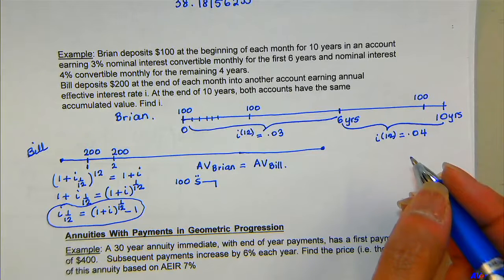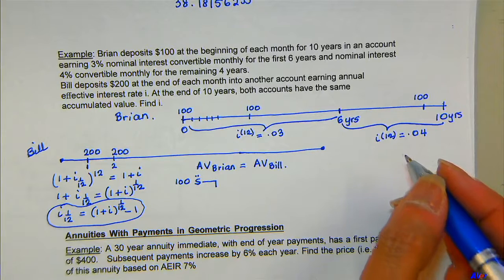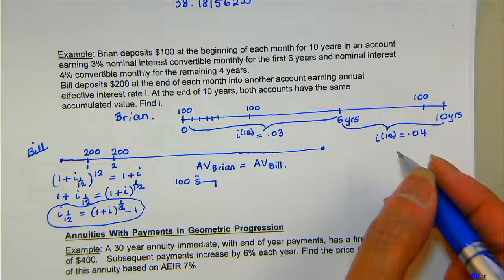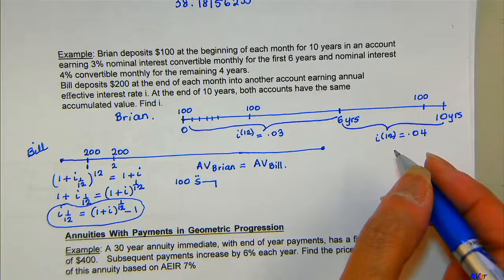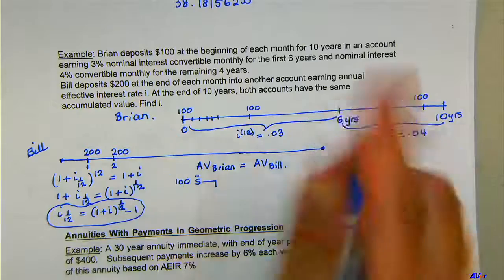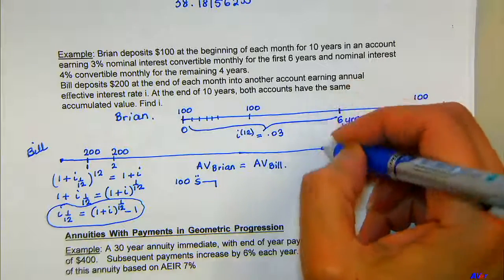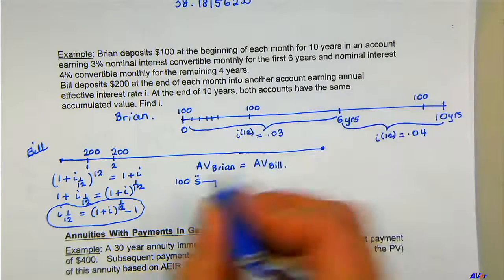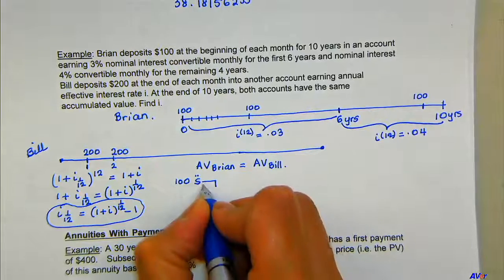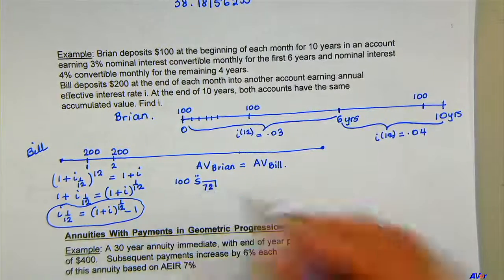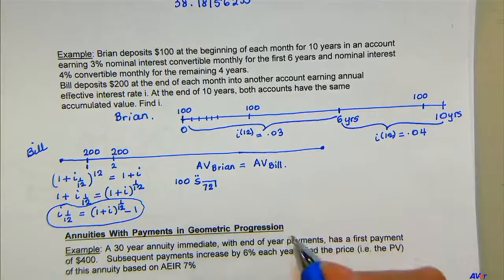Well, it's monthly. So no 10, right? 10 is the number of years. It's monthly. Be careful. The interest rate changes right here. The interest rate changes here, so I have to be right. 100 s double dot angle 72 at the monthly rate, right?